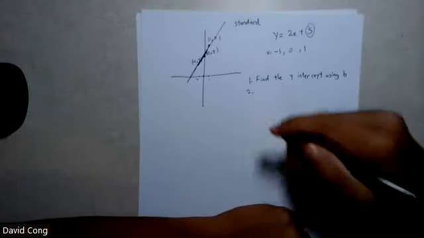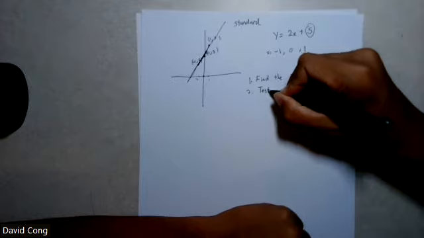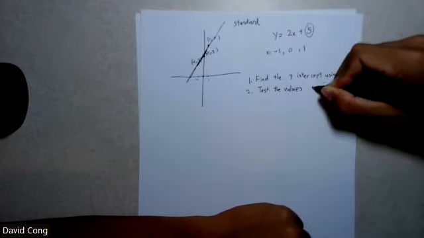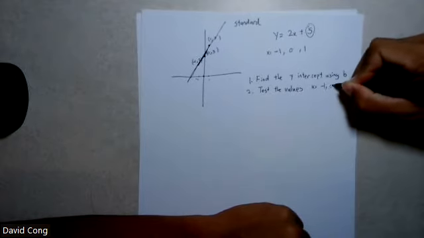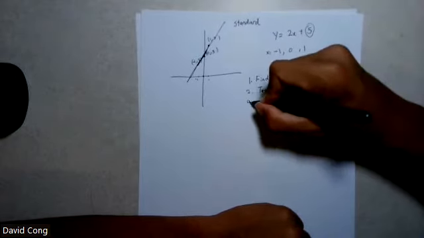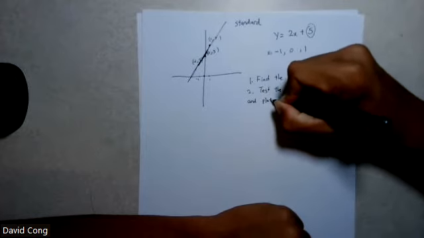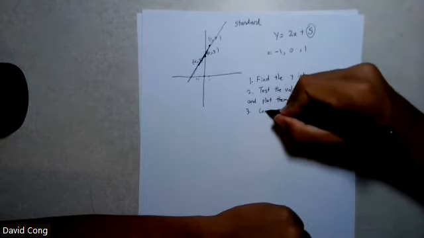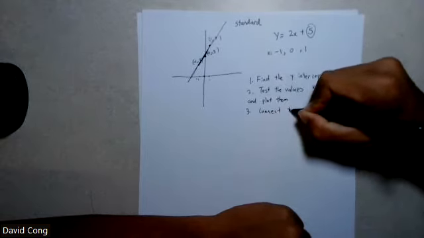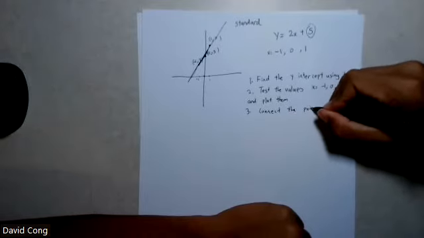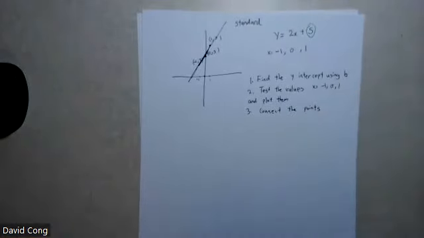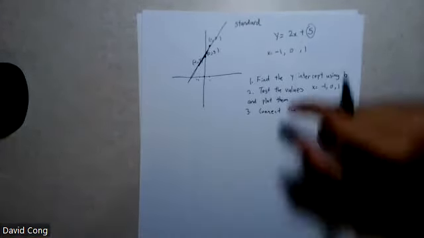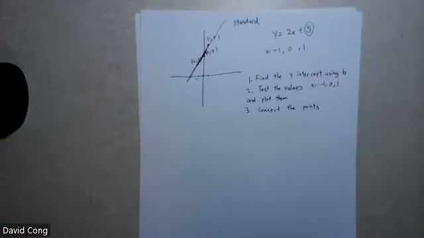And now the second step is, and then the final one is we connect the points. When given something in point slope, so this is when you do standard. So now we know how to convert to standard.